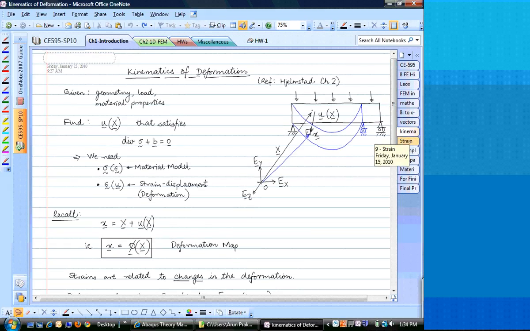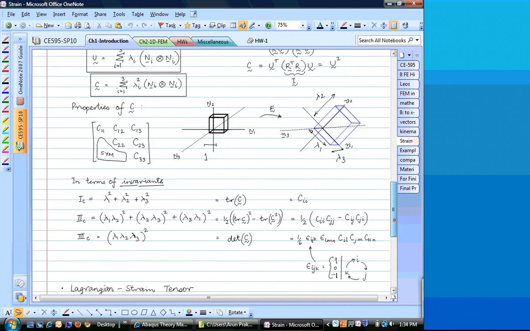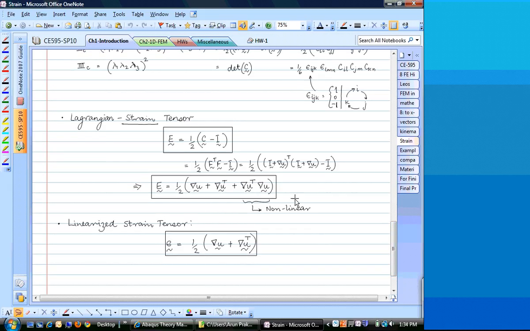So this kinematics, and we talked about strain measures, and the strain measures that we are going to be using frequently. One is this Green Lagrangian strain, and the other strain that you are hopefully used to is this linearized strain.